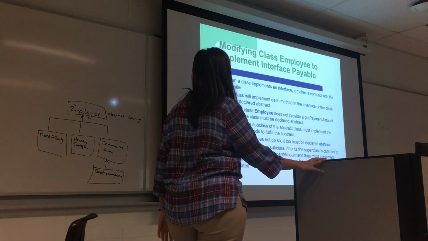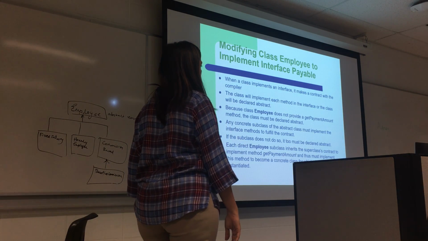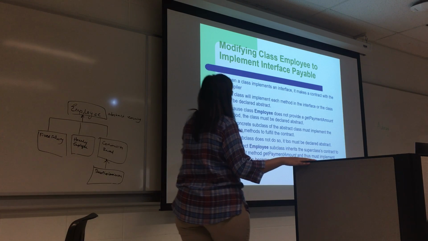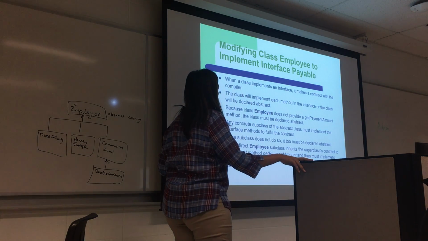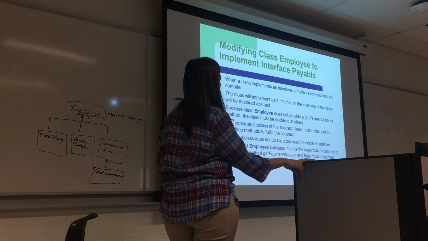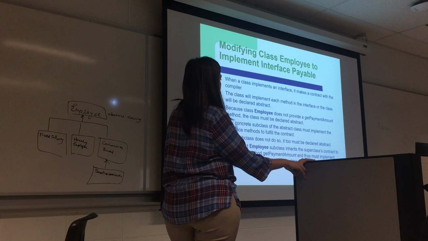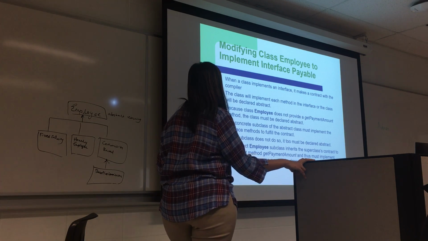Modifying the class employee to implement the interface payable. So you just say class employee implements payable, but employee does not provide a get payment method. So the class must be declared abstract. It is already an abstract class, so don't worry about that.